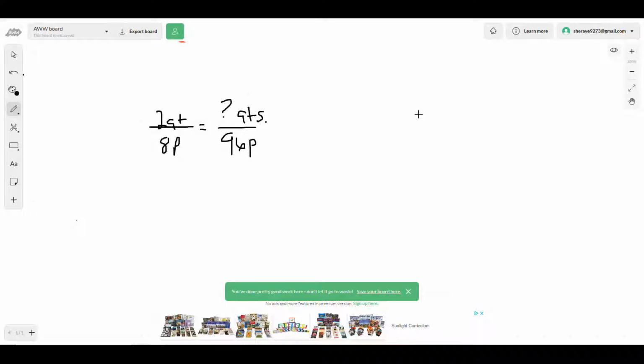So that's what we need to figure out. Basically how you figure that out is you think, how do you get from 8 to 96? What do you have to do here? Multiply by 12, right? So whatever you do on the bottom, you got to do on the top, or whatever you do on the top, you got to do on the bottom. So what is 2 times 12?